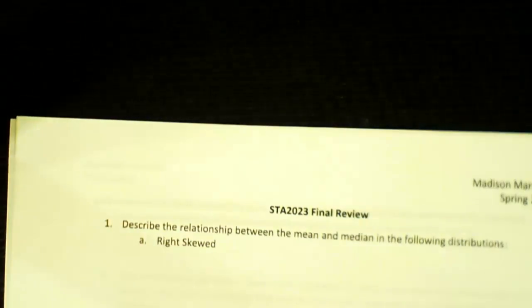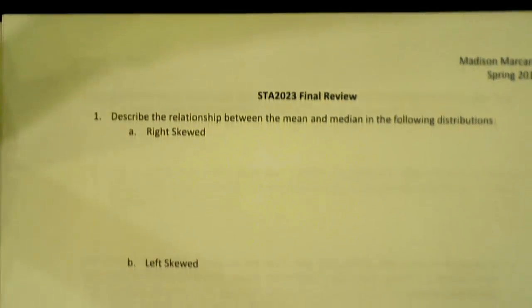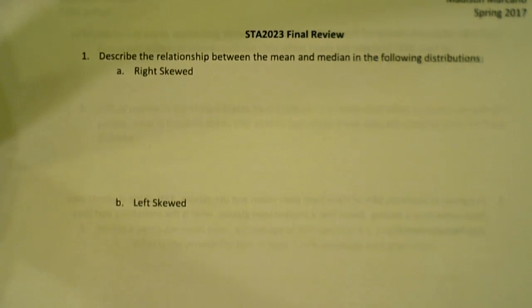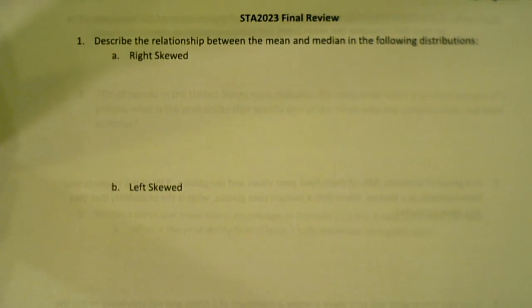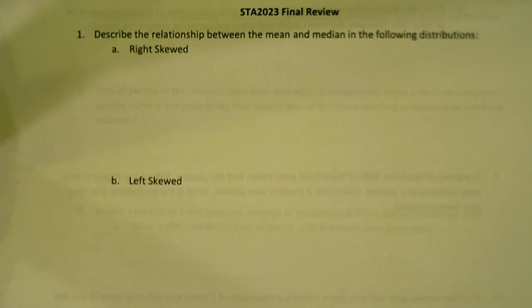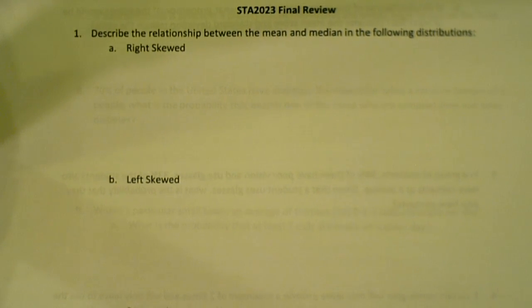All right, so first off, chapters 1 and 2 were mostly just vocabulary. I think the biggest part was when we're looking at the distributions. We wanted to figure out the relationship between the mean and the median, depending on what the shape of the distribution was.